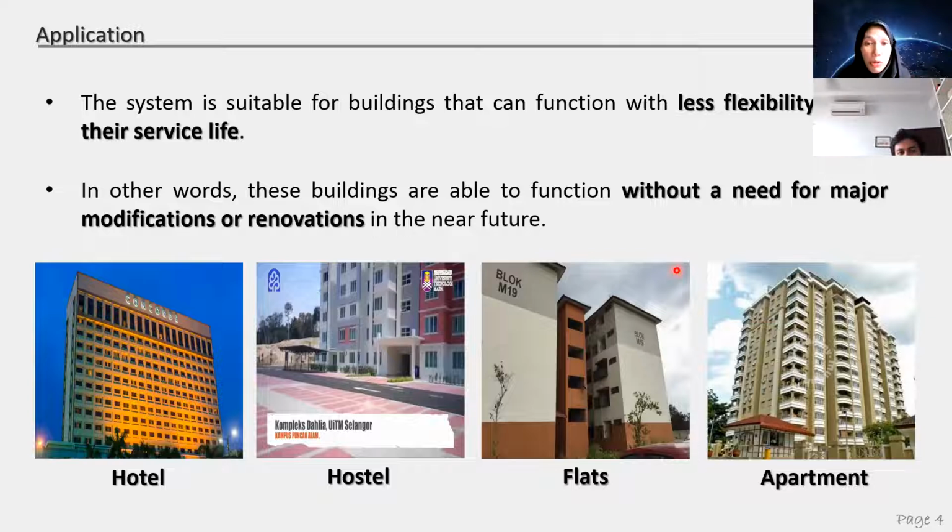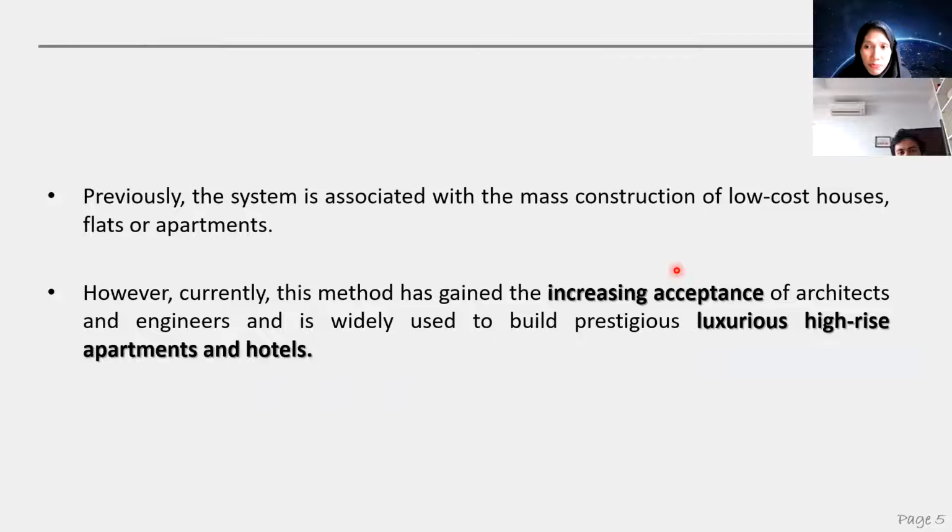Then it is economic to use the formwork system. Most of the time low-cost flats or apartments use the formwork system, and even the engineers and architects accept this kind of method.